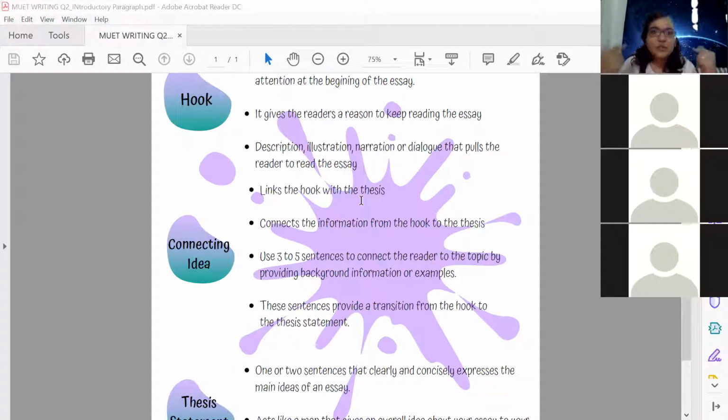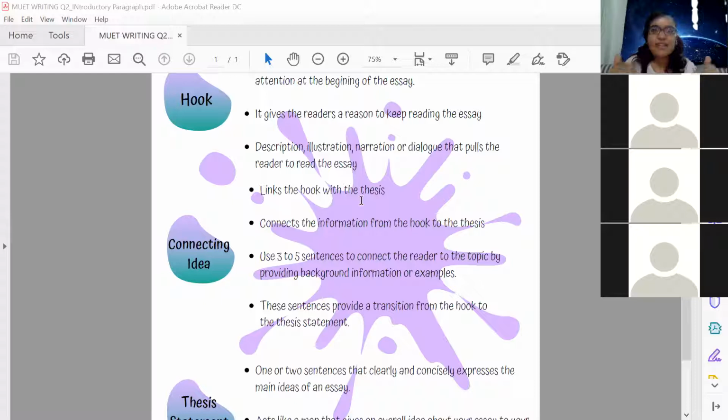Your reader will be curious to know, or probably you provide a narrative, your personal story about how not living a healthy lifestyle caused a family member sickness or whatnot. Your reader would ask, what is the point of this? And they are interested to read, but why? So that is where you need to explain it in your connecting ideas.